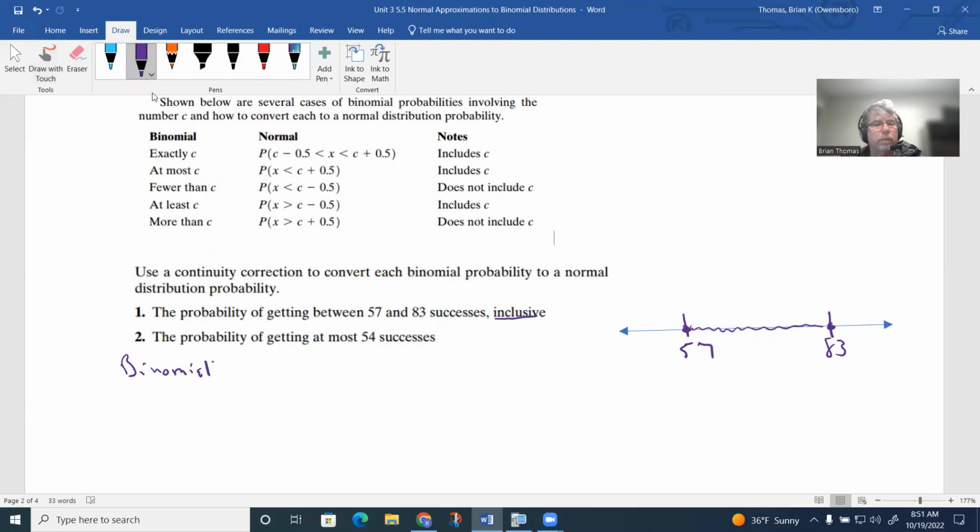It's going to be the probability of 57 is less than or equal to x, which is less than or equal to 83. So notice how, again, you would read it from the inside.